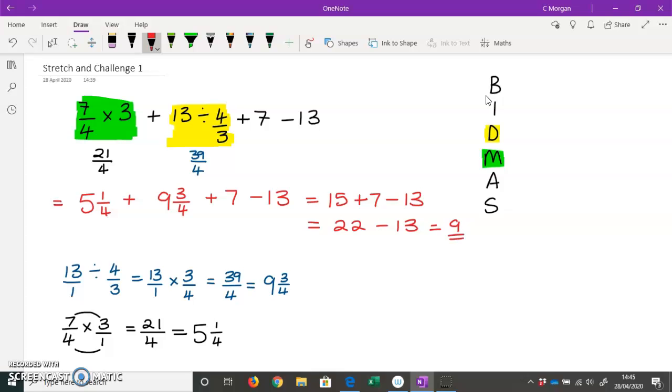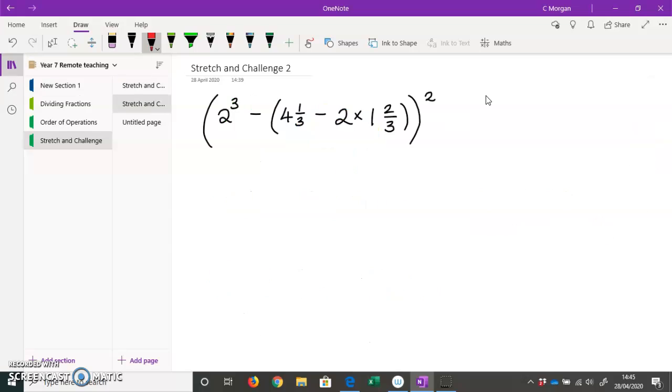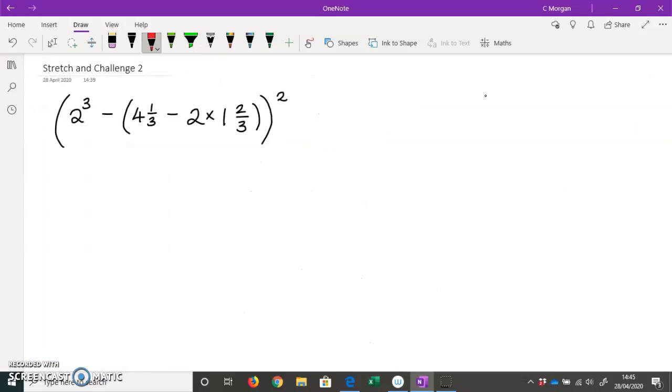If you want to have some more advice, I've got one more example that will help you, I hope. And that's this example here. So again, I'm just going to write BIDMAS down the side. And I notice that I've really got to deal with those brackets first. The only problem is, of course, I've got 2 sets of brackets.